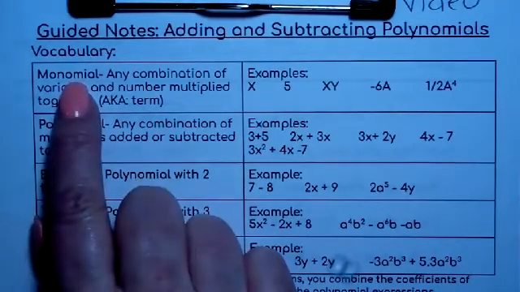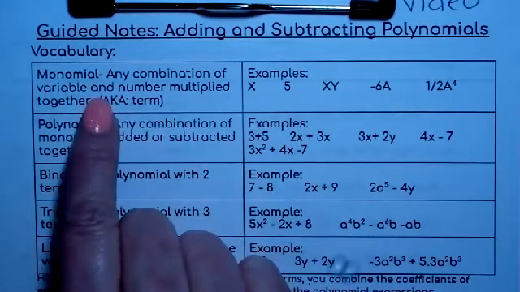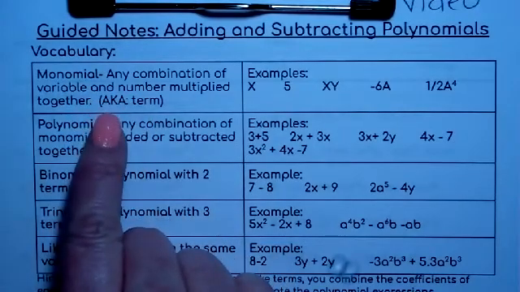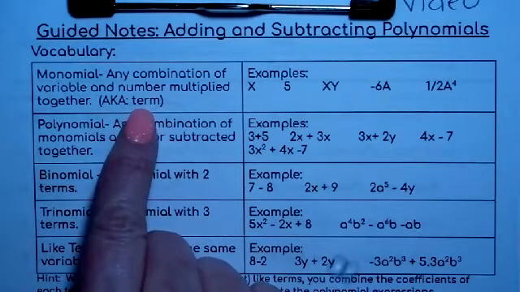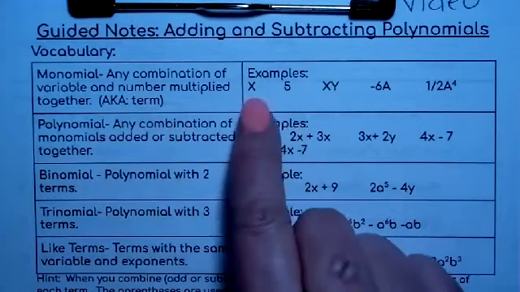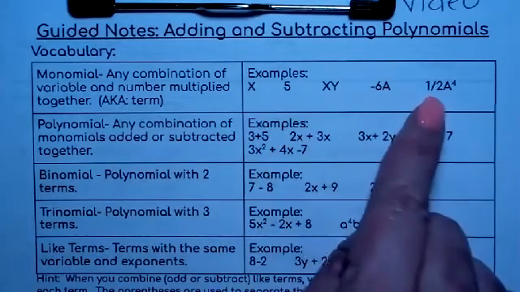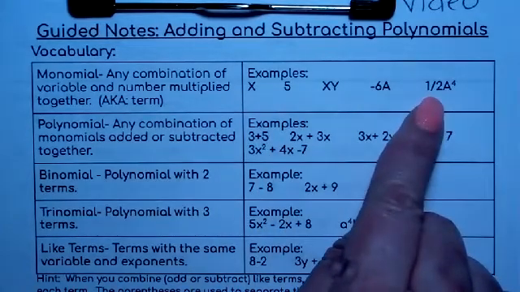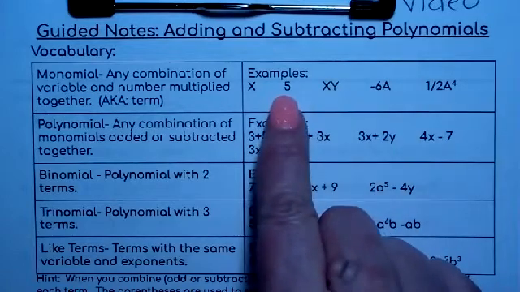Okay, monomial is any combination of variables or numbers multiplied together. Now, in the past, your teachers a lot of times just used the word term. Okay, and over here, I've given you some basic examples. Those numbers that you learned in elementary school, that's a monomial.